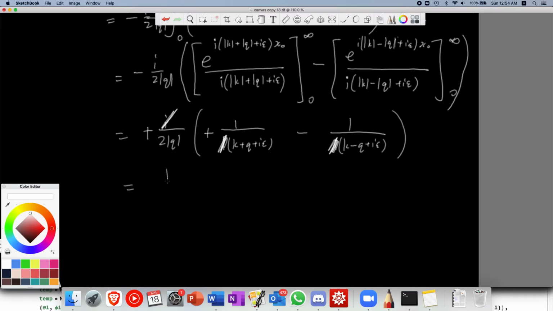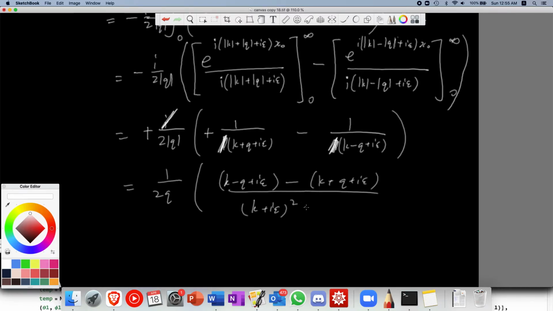1 over 2q, and then this one we can do a cross multiplication over here, so it will be simply k minus q plus i epsilon minus k plus q plus i epsilon over (k plus i epsilon) squared minus q squared.